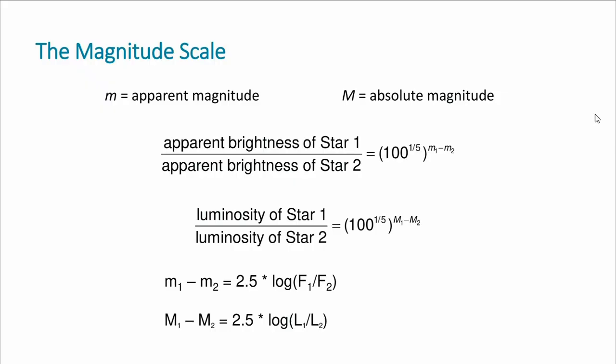So the lowercase m is the apparent magnitude of a star, similar to its brightness, and then capital M is its absolute magnitude. The absolute magnitude would map to the luminosity, and the apparent magnitude would map to the brightness. And they are just different by one being lowercase and one being capital.